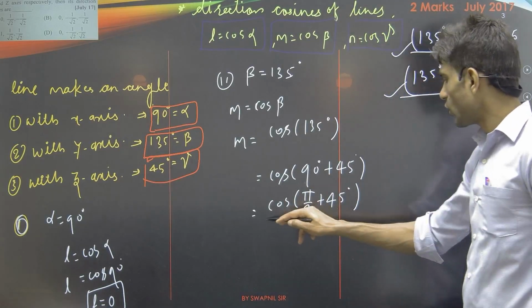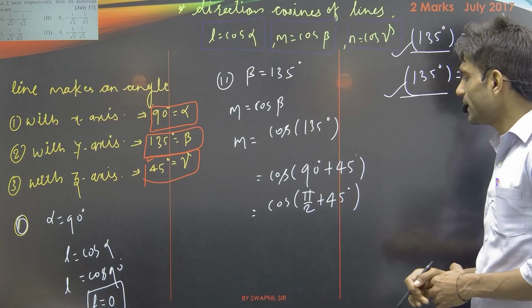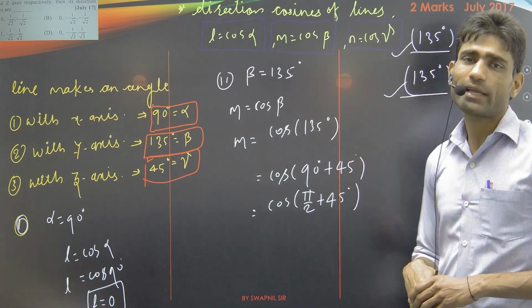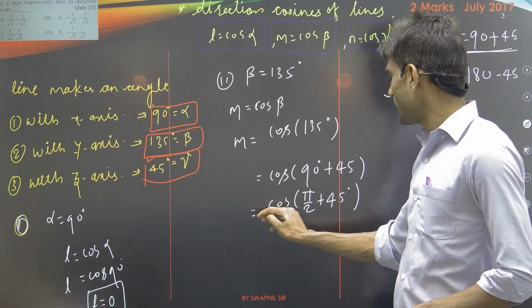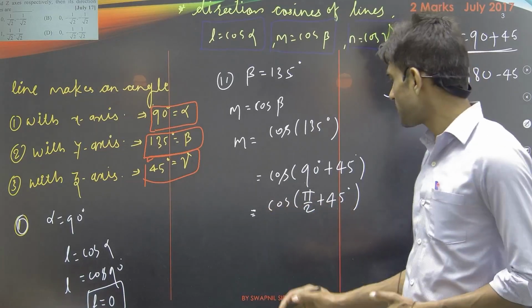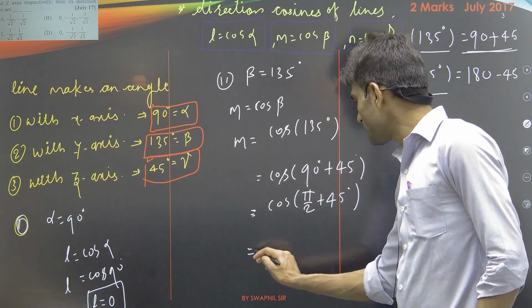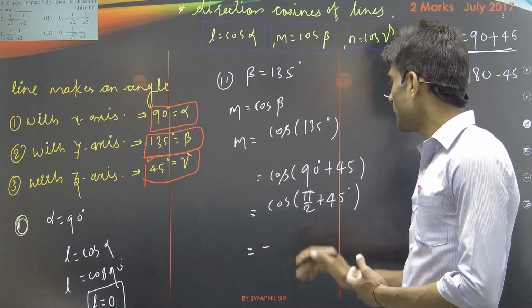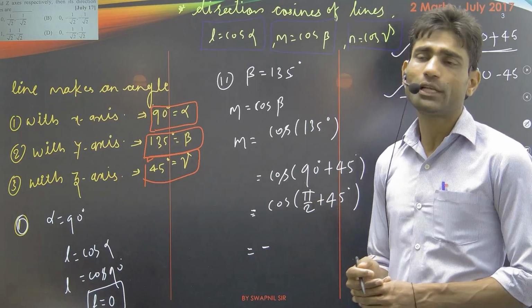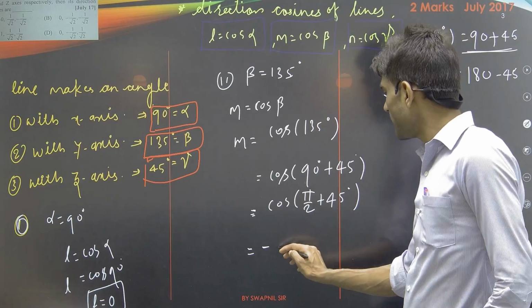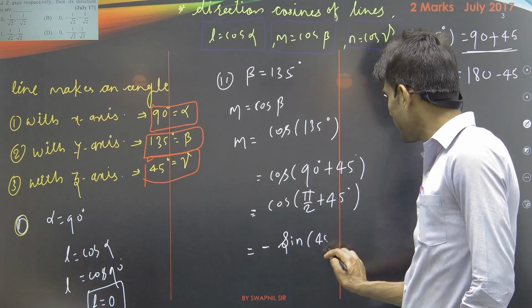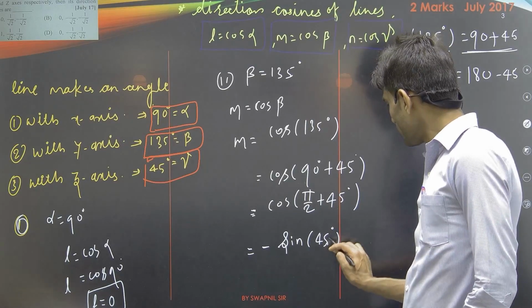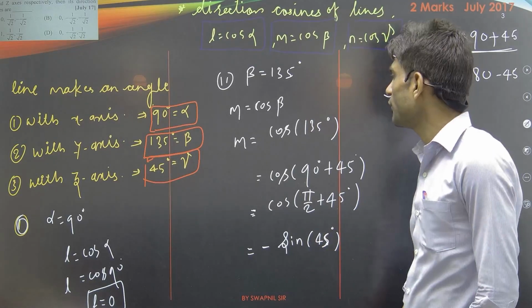When we have cos of pi by 2 plus 45 degree, it goes to the second quadrant, and in the second quadrant cos always gives a negative sign. Whenever we have pi by 2 or 3 pi by 2, cos gets converted into sine, which is sine of 45 degree.